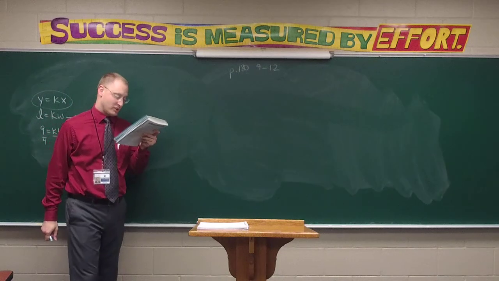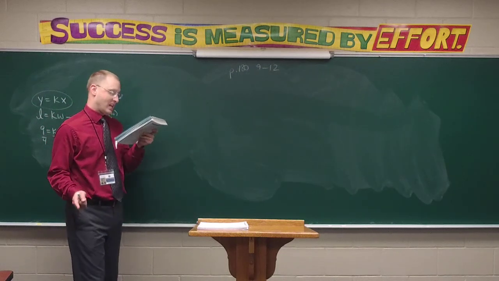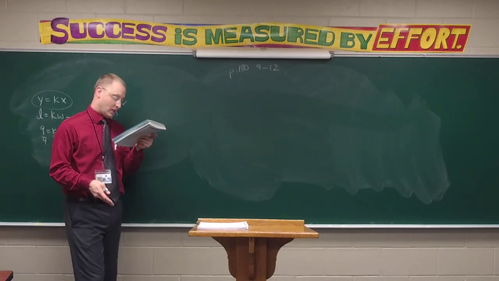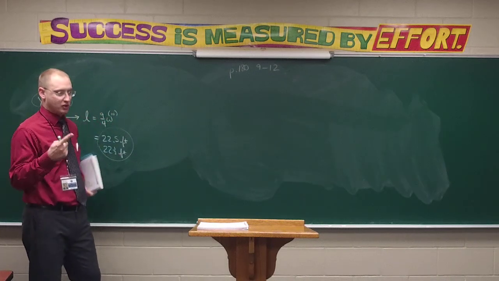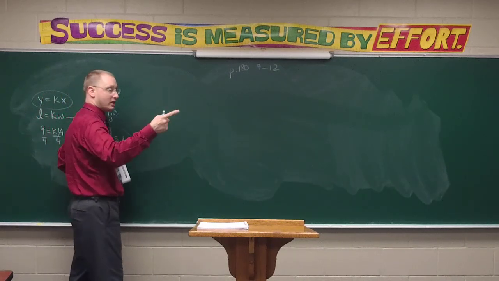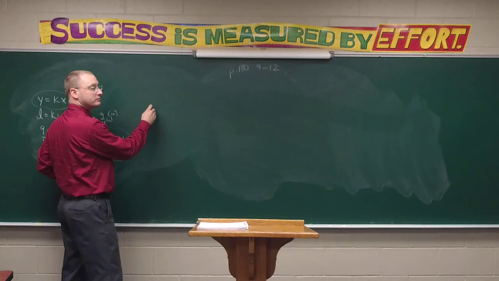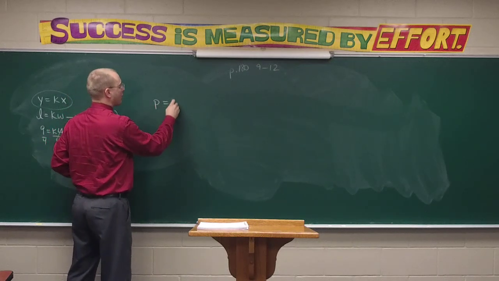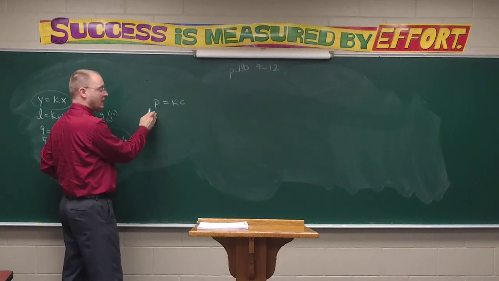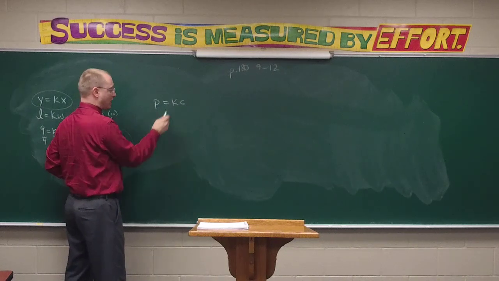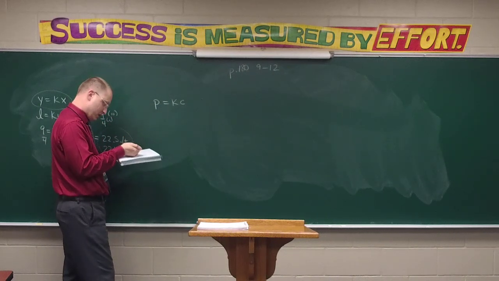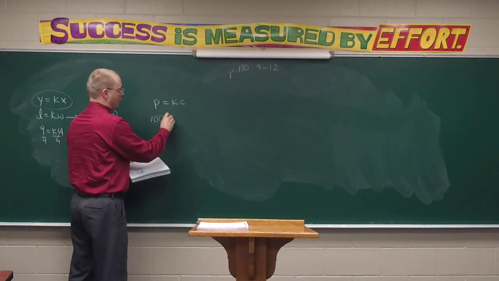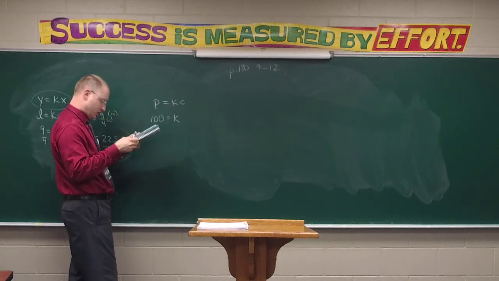A certain printing company has a direct relationship between cost and number of pages per book printed. So we've got two things, cost and pages, directly related. What's the equation, Maddie? P equals kC. Pages equal the constant times the cost. All right, so we'll plug in the numbers. It says there's 100 pages, and the cost is 10 cents.